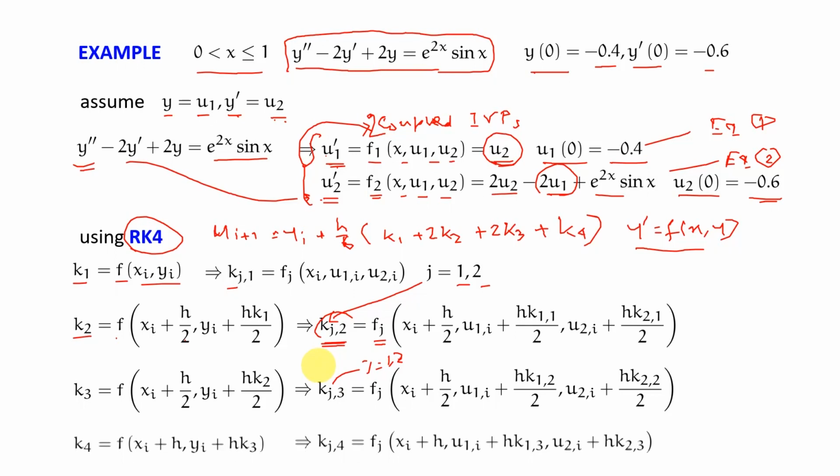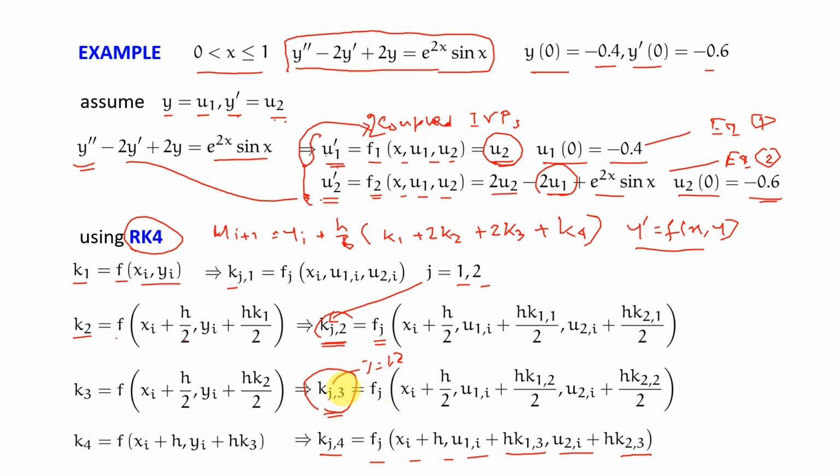And finally we can have k4 as kj4, fj of xi plus h, u1i plus h k13, which I am calculating over here, and h k23 which will be added to u2i, k23 is calculated over here.